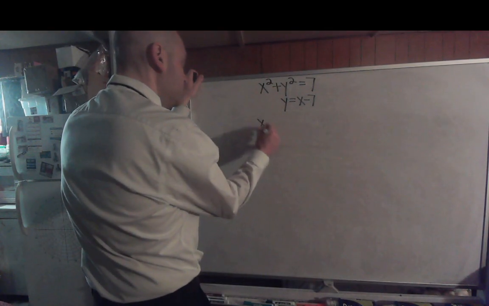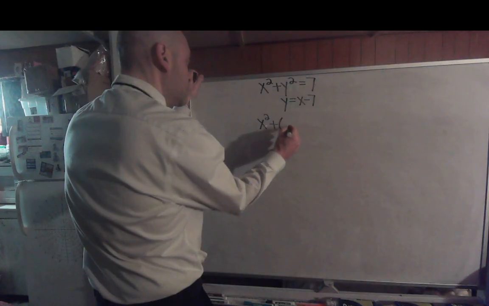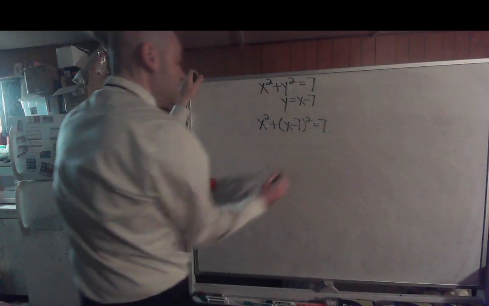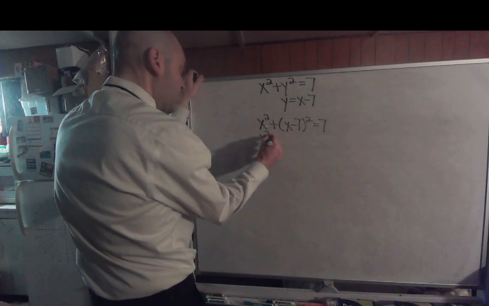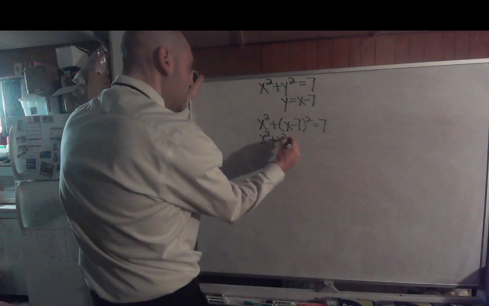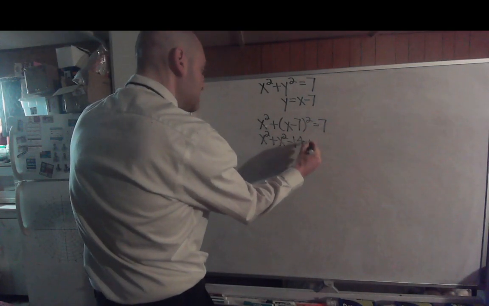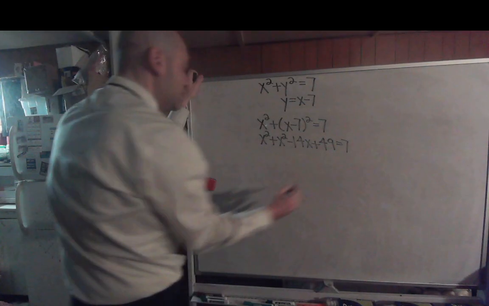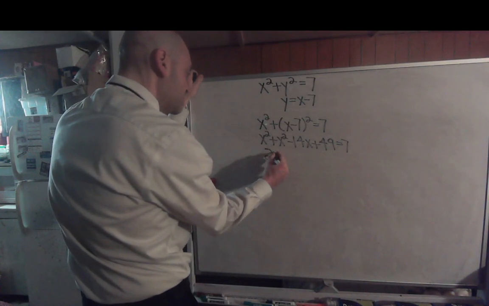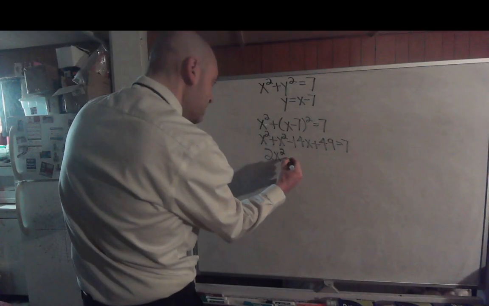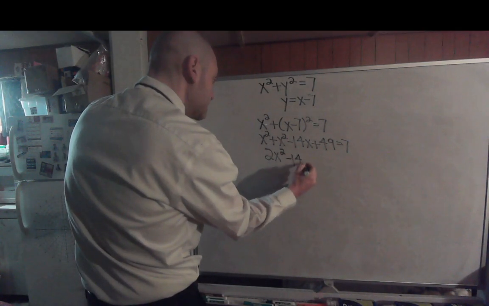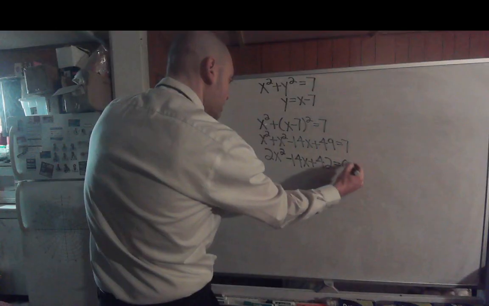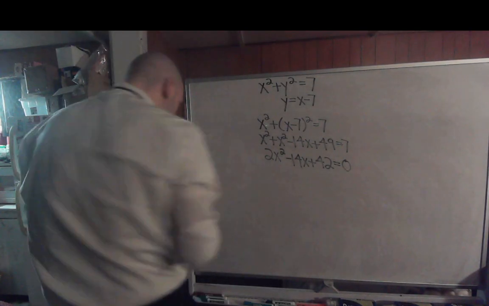So this would turn into x squared plus the quantity x minus 7 squared equals 7. So you'll get x squared plus x squared minus 14x plus 49 equals 7. So this would turn into 2x squared minus 14x plus 42 equals 0.